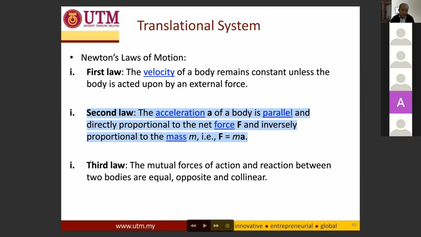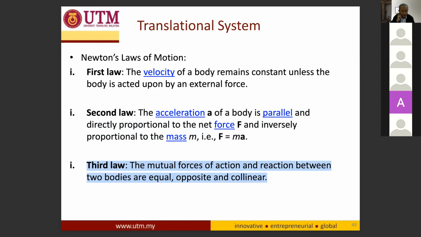The third law: the mutual forces of action and reaction between two bodies are equal, opposite, and collinear. So in order to do that, we must understand the concept of Newton's laws of motion, in terms of velocity, acceleration, and mutual force of action and reaction.